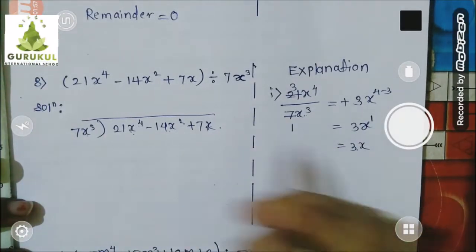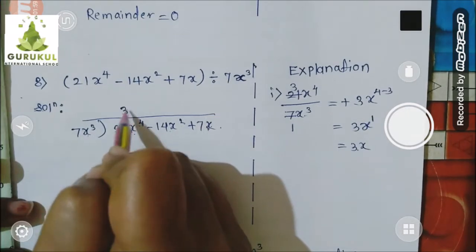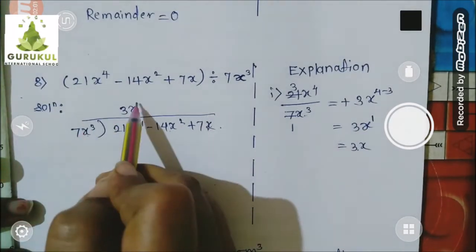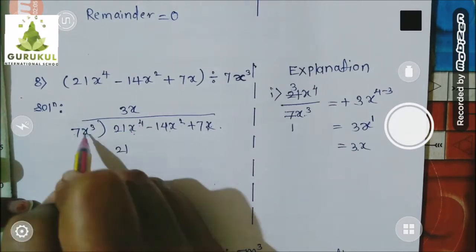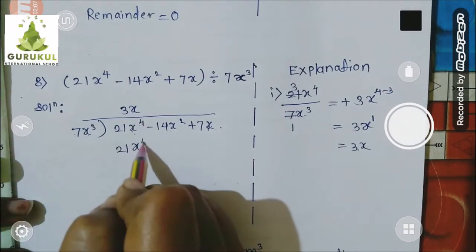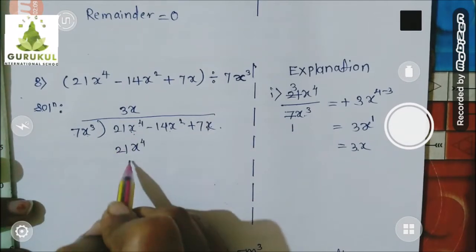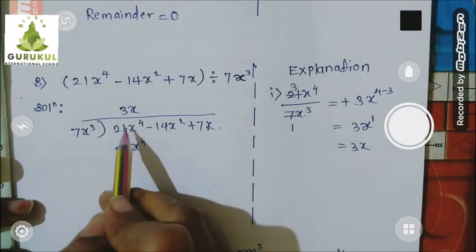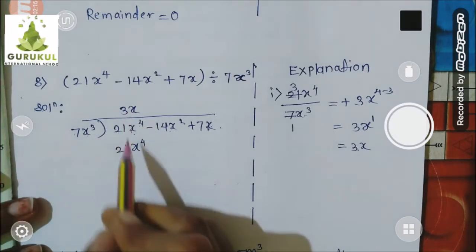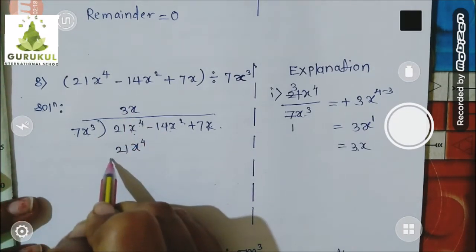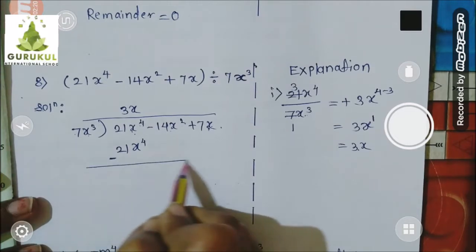Okay, so I will write this quotient over here and write the product of these two below over here. So 7 threes are 21, x raised to 3 into x, x raised to 4. Children, you have to get this number only. Okay, if you are not getting it, it means somewhere you are making a mistake. And let's subtract. Now the second term's sign will change, it will become minus.